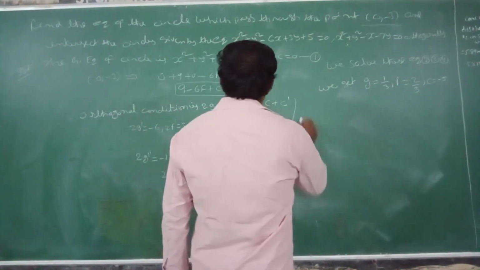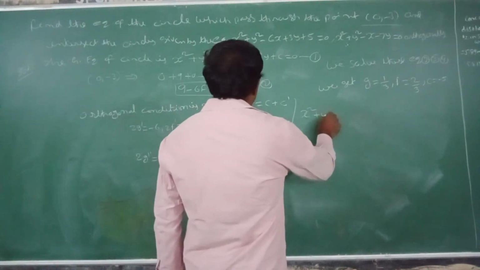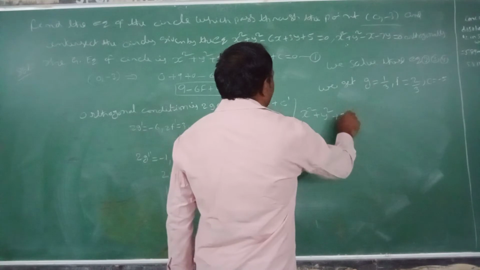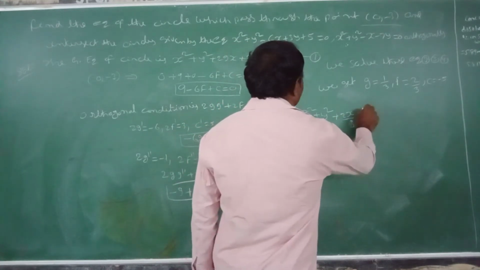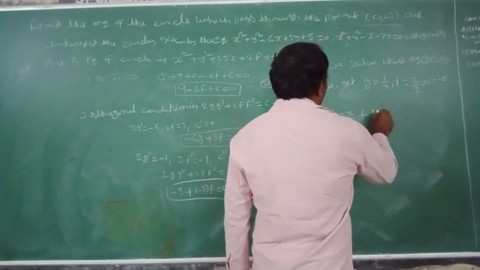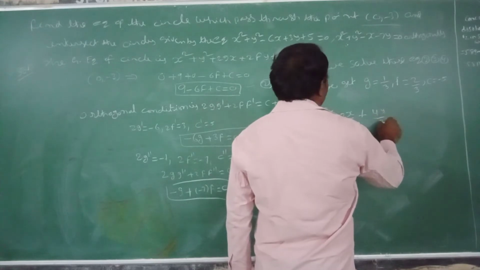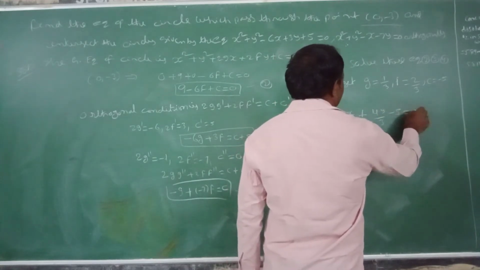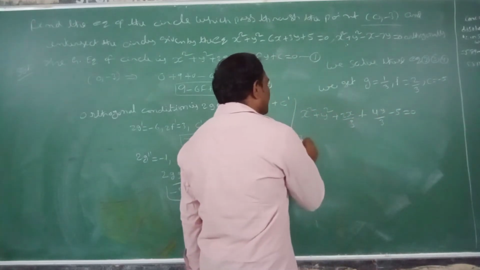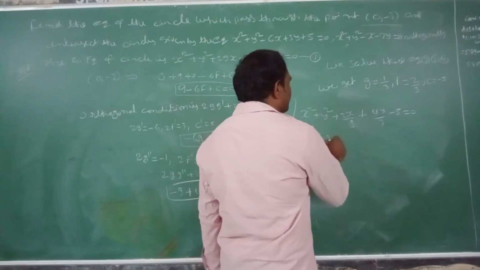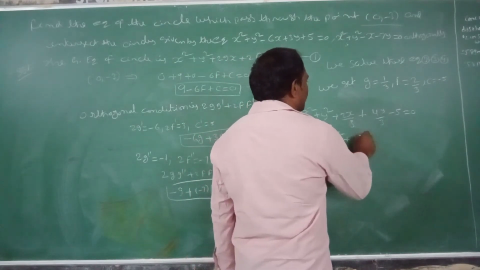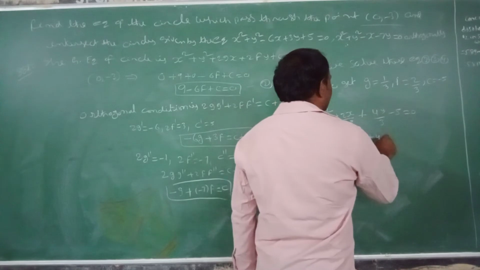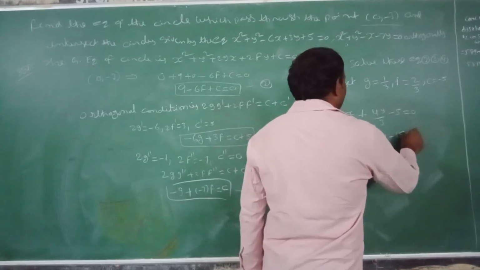So x square plus y square plus 2x by 3 plus 4y by 3 minus 5 is equal to 0. That is 3x square plus 3y square plus 2x plus 4y minus 15.